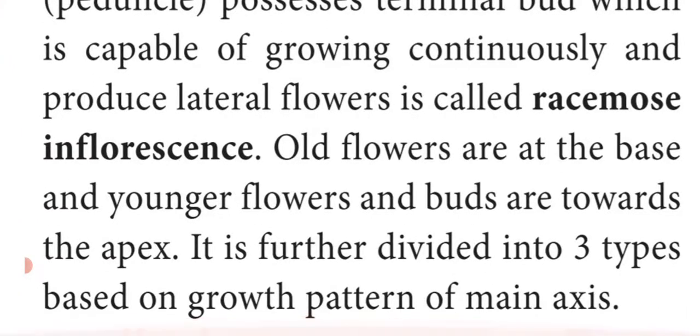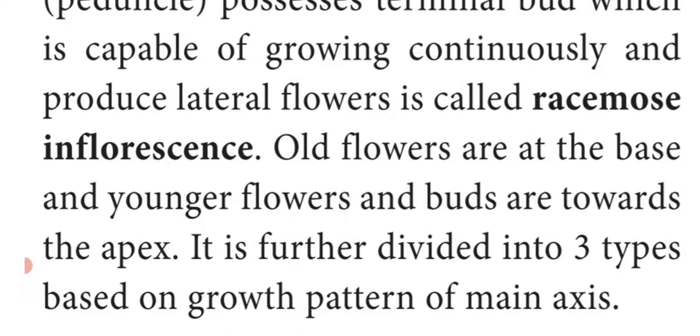See that one. Old flowers are at the base and young flowers are towards the apex or tip. So this racemose inflorescence is further divided into 3 types based on the growth pattern of the main axis.